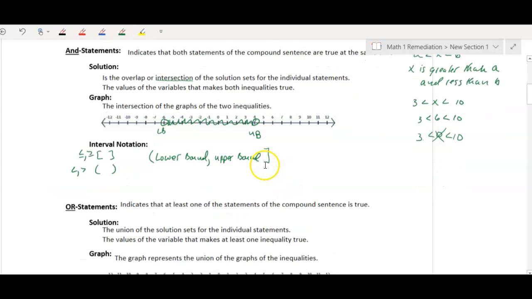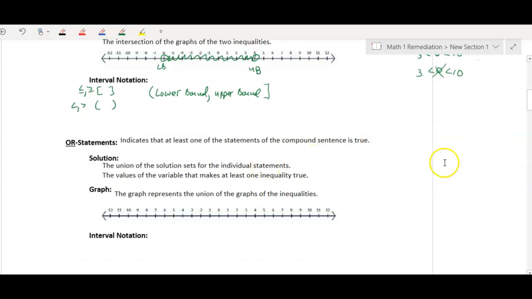Now, what about an or statement? An or statement indicates that at least one of the statements of the compound sentence is true. So when we look at an or statement, we would do something like x is greater than A or x is less than B. Now this is the union of the sets for the individual statements, which shows the values of the variables that make at least one of the inequalities true.